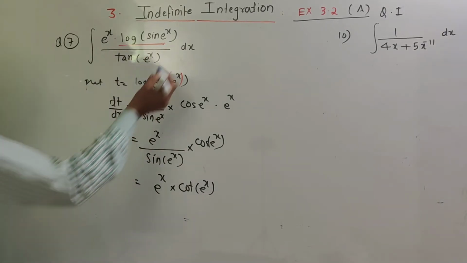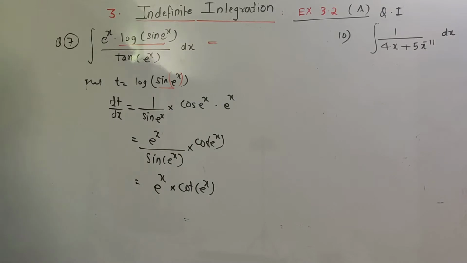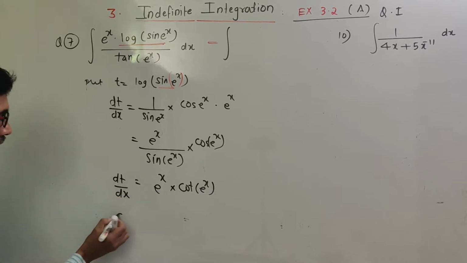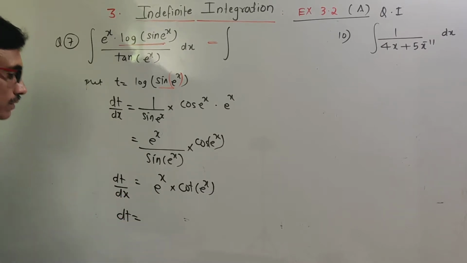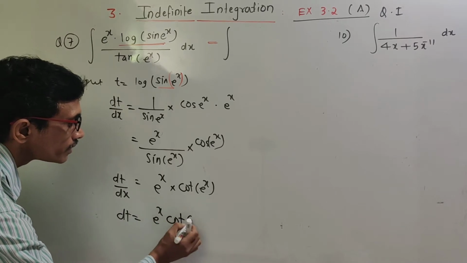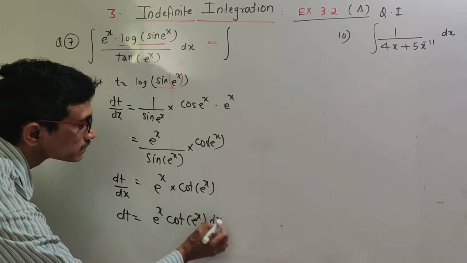So dt by dx is this, therefore dt is equal to e raised to power x into cot of e raised to power x dx.